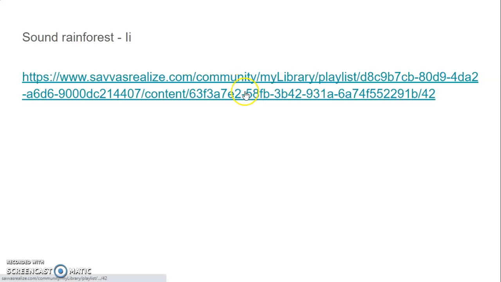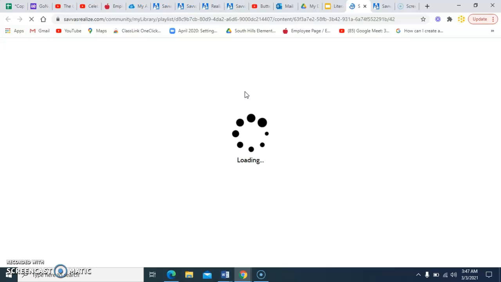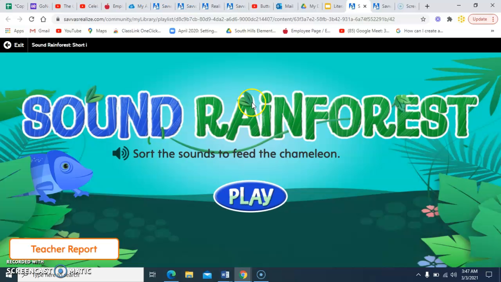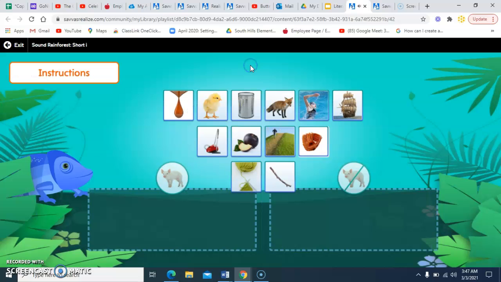Okay, next we have our sound rainforest letter I. We're going to move picture words to each box, and if it has the short I sound, it will go on this side, and if it doesn't, it's going to go on this side.